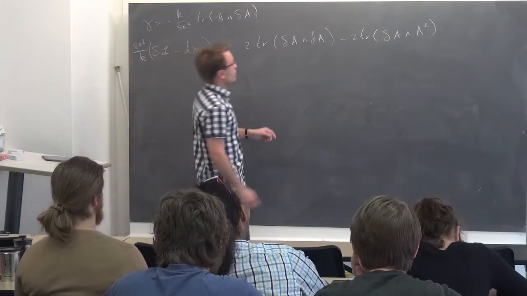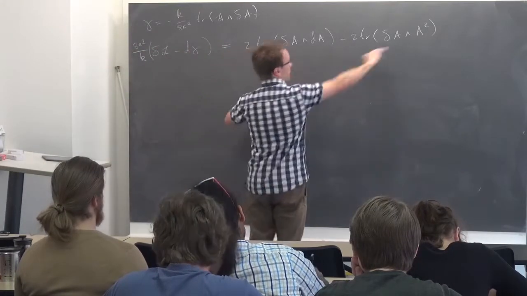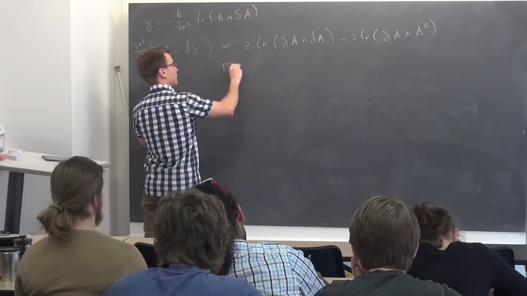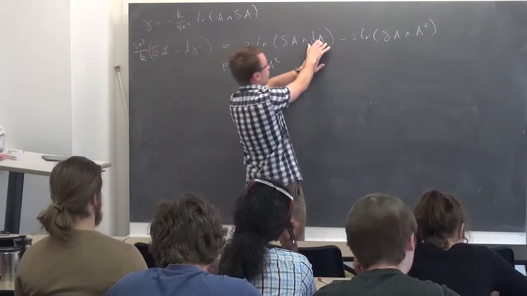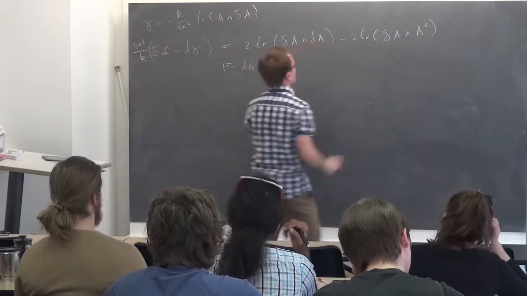Okay, and so recall that you have the curvature, which is dA minus A squared, which is exactly the factor here. It's dA minus A squared.